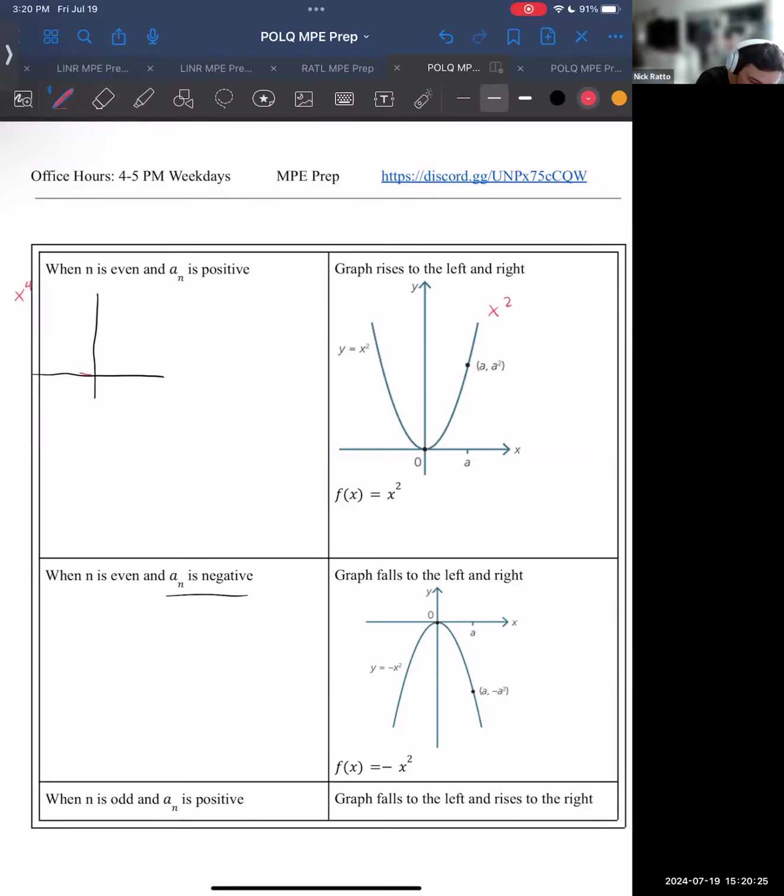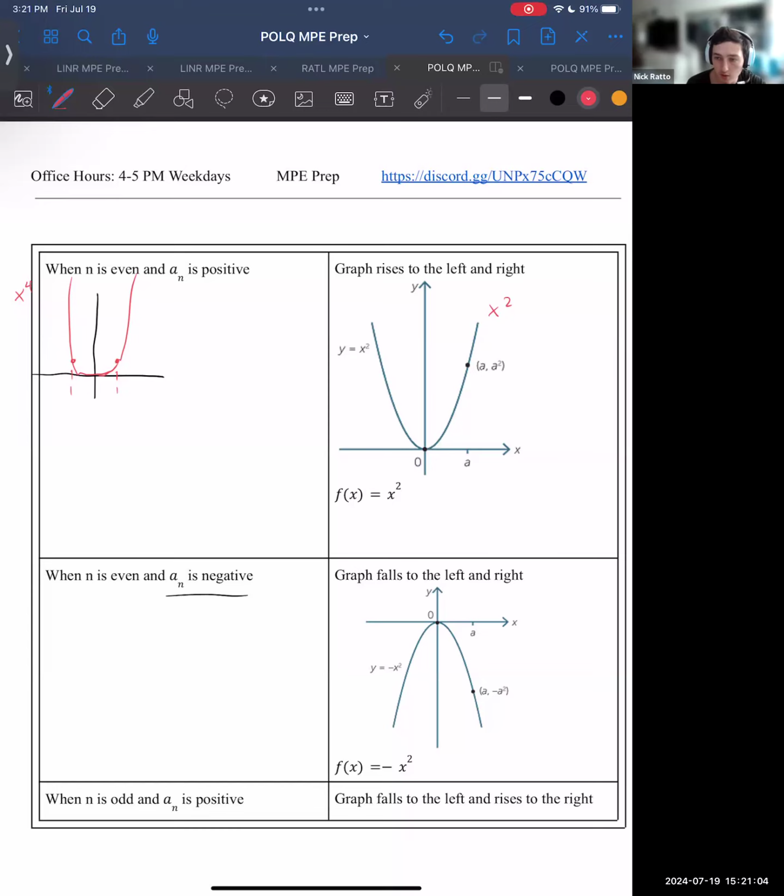Now, somewhere here, we're going to get to 1. And this is always going to be on the graph no matter what. 1, 1 is always going to be on the graph. But beyond that, because the power is so much higher, we just shoot off at a much faster rate than x squared or a lower power.